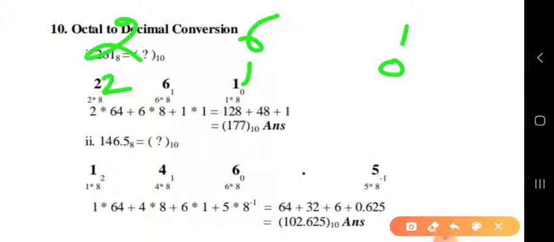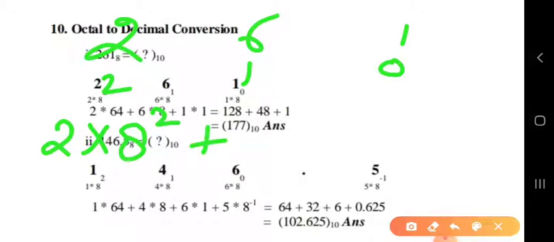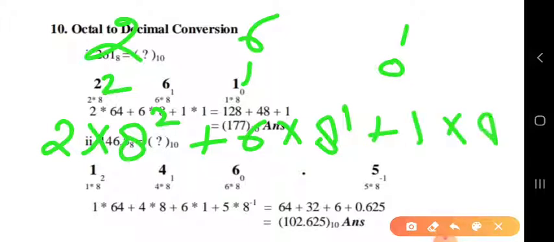Now we have to convert it into decimal, and this is an octal number. So what we have to do? We multiply the position value 2 with 8 to the power 2, plus 6 into 8 to the power 1, plus 1 into 8 to the power 0.